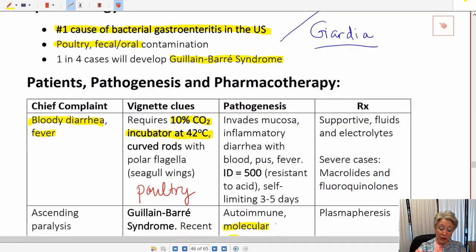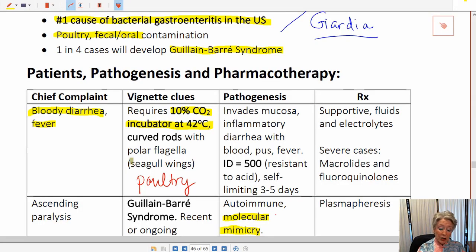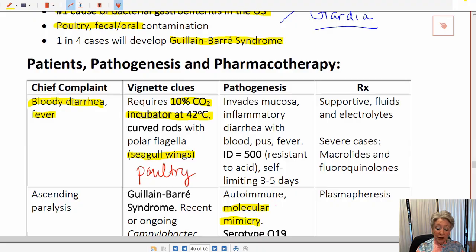And sometimes it's described on gram stain as looking like a bird flapping its wings. That's because the polar flagella end up getting clumped together, and so the organism will flap those flagella and look like a bird flapping its wings.